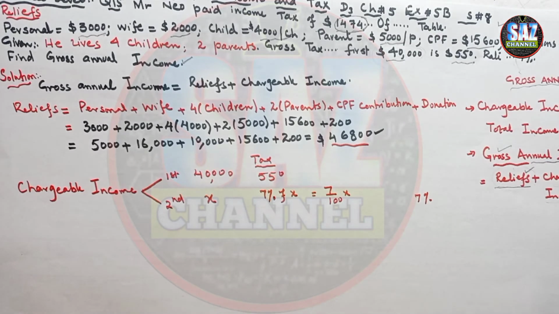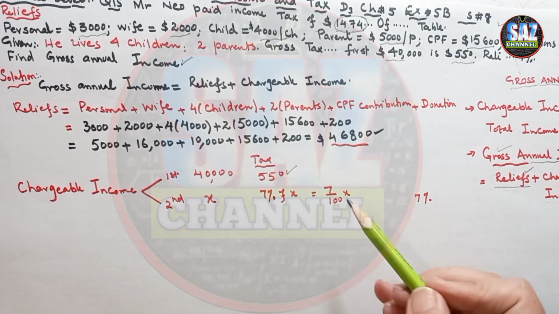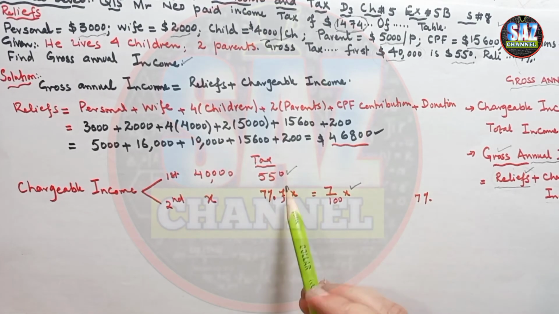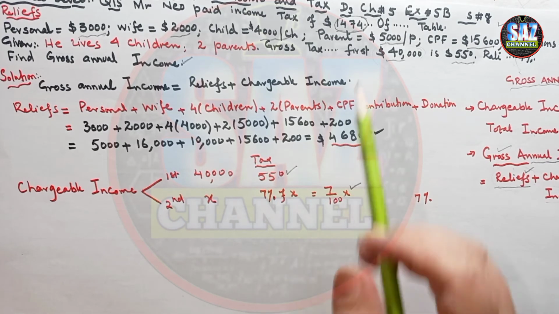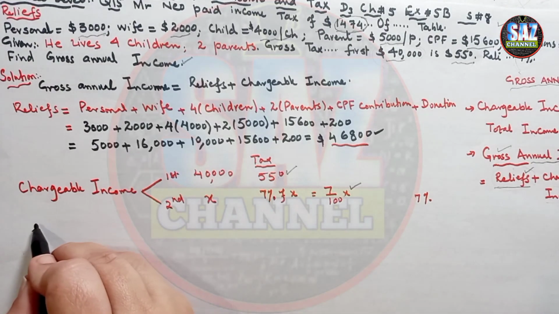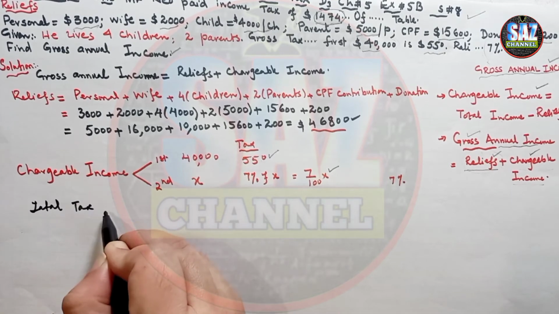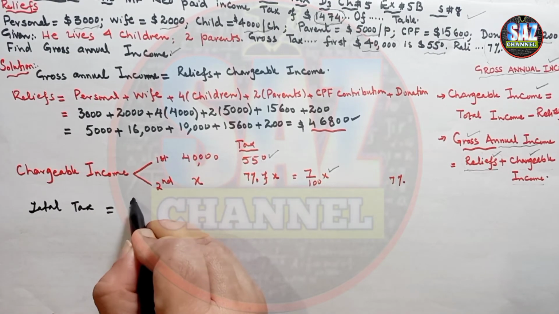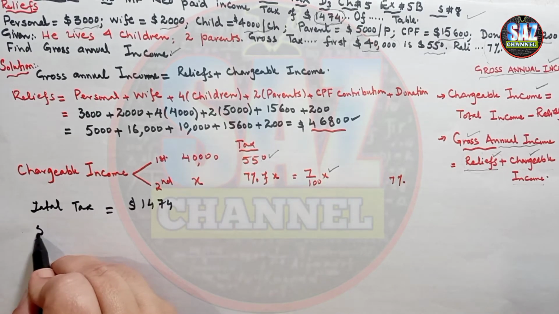Now the problem is that the amount of tax on this plus the amount of tax on this, when we are adding up these two amounts, the total tax which he is paying is 1474. So the total tax which is given in the question is 1474.